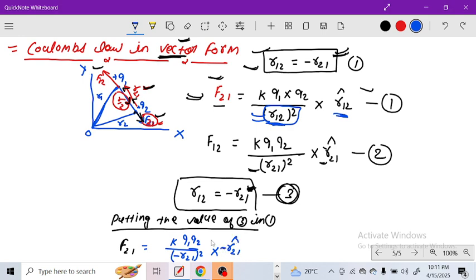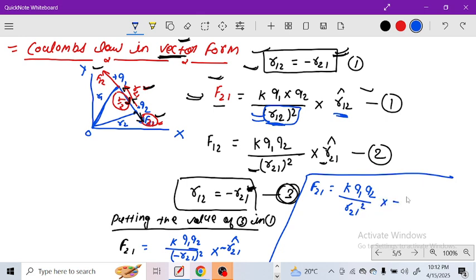So minus R21 square will be plus R21 square because it is in square form, Kavya. Yes, sir. Okay, so here we can write F21 is equal to KQ1 Q2 by R21 square into minus R21 unit vector. Understood, Kavya? Yes, sir.